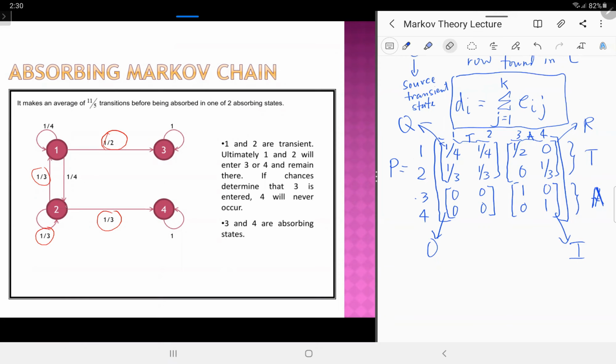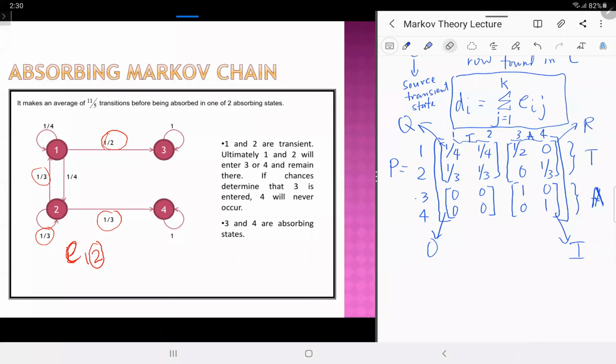Being absorbed doesn't mean being absorbed into absorbing state 4. You can also be absorbed into absorbing state 3, because from 2 you can go back to 1, and then from 1 you can be absorbed in 3. But the point of E_ij, E12 for example, is that you're counting how many times you pass through 2 before finally being absorbed in either 3 or 4.